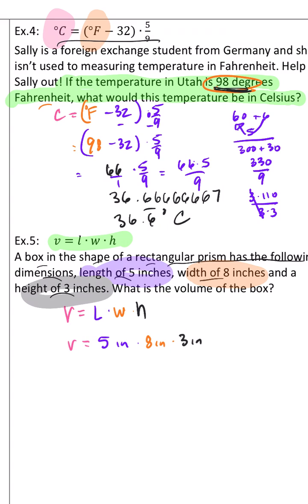I have 5 times 8 times 3 times inches times inches times inches. So that means I have inches cubed. And 5 times 8 times 3, that's 40 times 3, which is 120. So the volume would be 120 inches cubed. That's it.